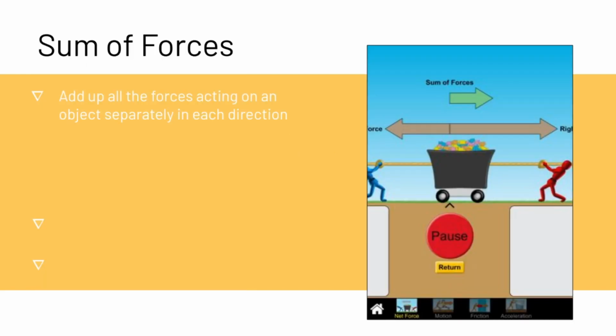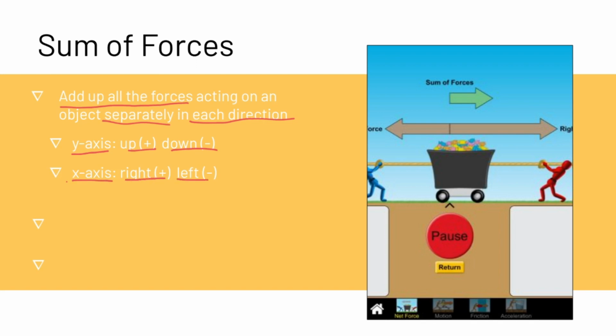Let's talk about a sum of forces. Because they're vectors, we can add up all the forces acting on an object separately, and we'll do so in each direction. For the y-axis, up is positive and down is negative. And on the x-axis, right is positive and left is negative.